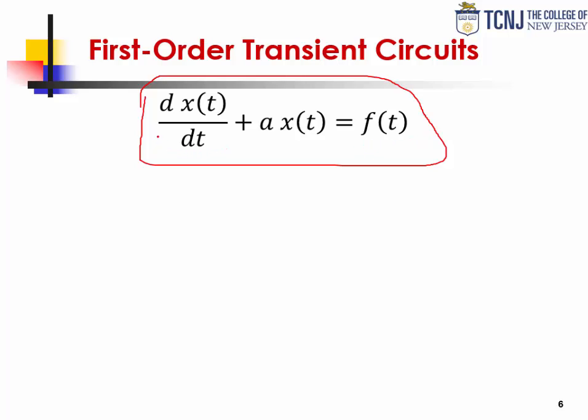And this derivative will correspond to the current in a capacitor, and this term will be the resistive term, or in RL circuits, this derivative will correspond to the voltage across an inductor, and this term will be the resistive component.